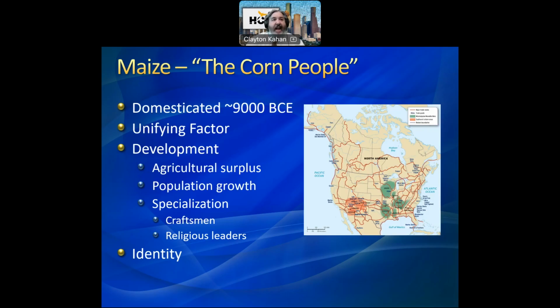a gigantic area. Now, if you want to know how big an area it extends, just look at this map on the screen. The red is how corn disperses throughout North America, and ultimately Central America. Okay? It extends across what is basically the land that makes up I-10 today.